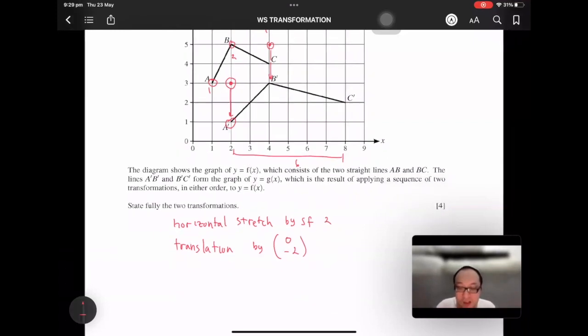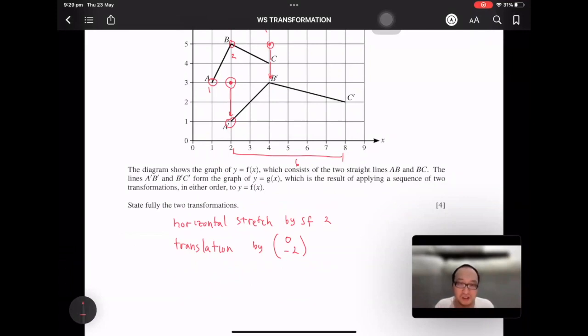Now, how do we write this down in function notation? g(x) is the new one, the image. So horizontal stretch by scale factor 2, it's f of, if it is horizontal, it should be in opposite notation.